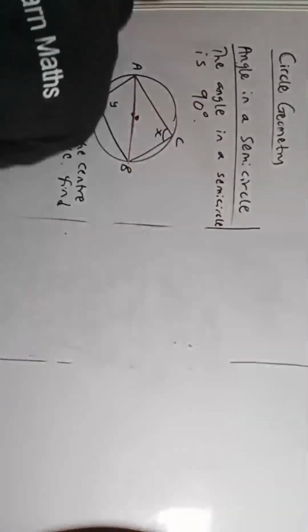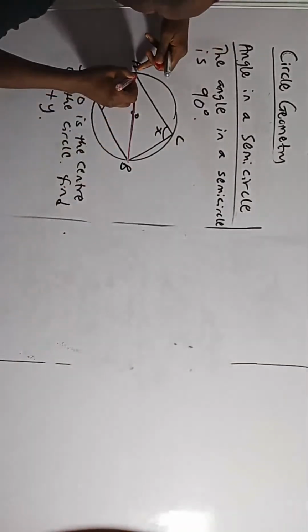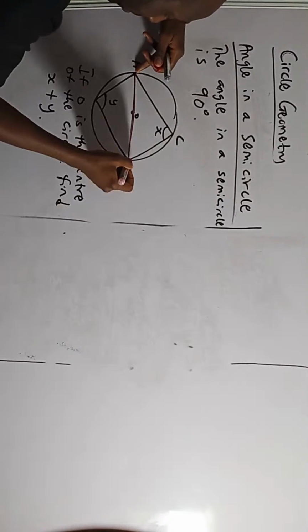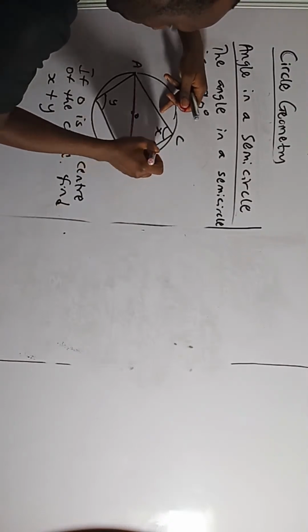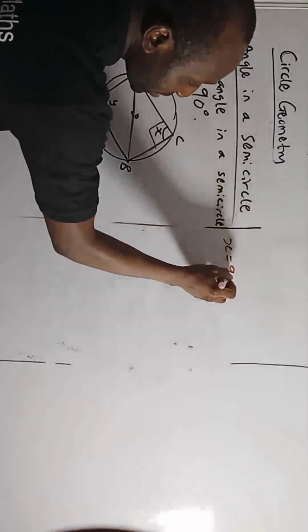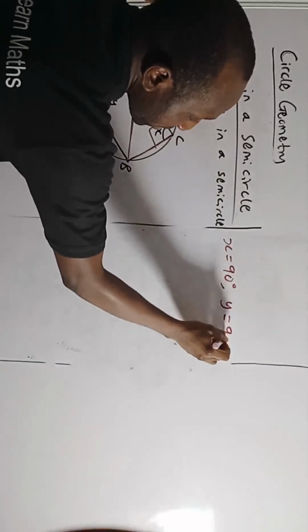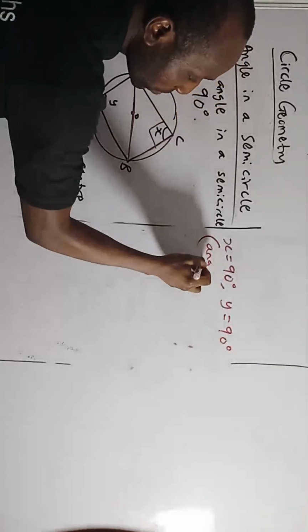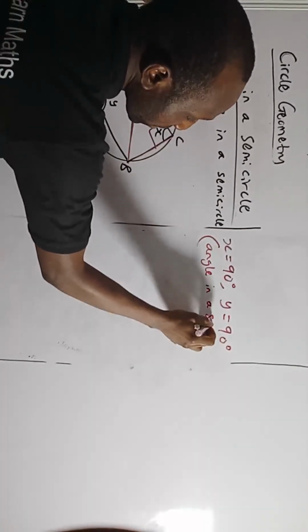So we can simply say that, from the end point of the diameter, if you join it like here, the angle formed is what? 90 degrees. So x is equal to 90 degrees, y is equal to 90 degrees. In bracket, angle in a semicircle.